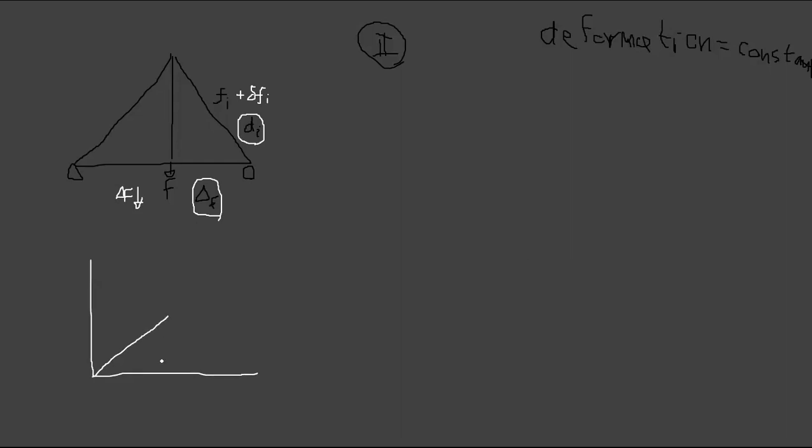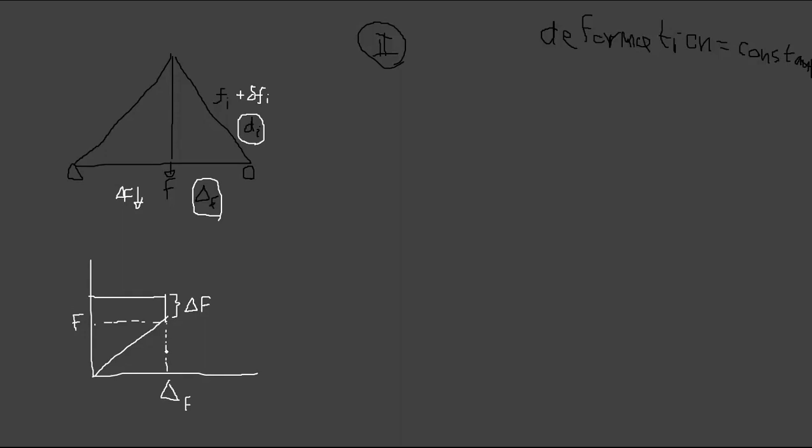So now your force is like this, delta F, and this is F. Now you increase the force by a delta amount. I'm exaggerating this force, otherwise you can't see it. If it is a small force, you can't see it in the graph.